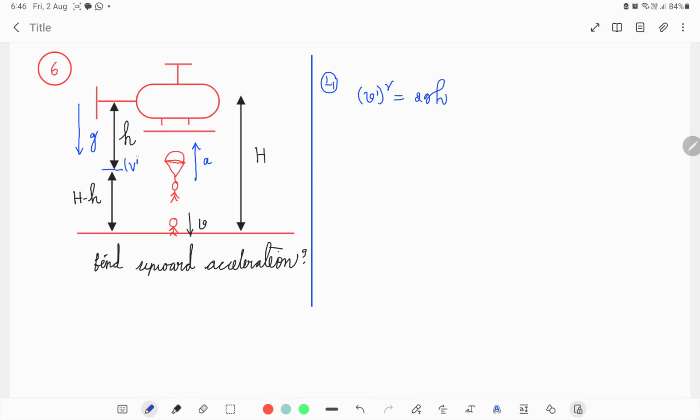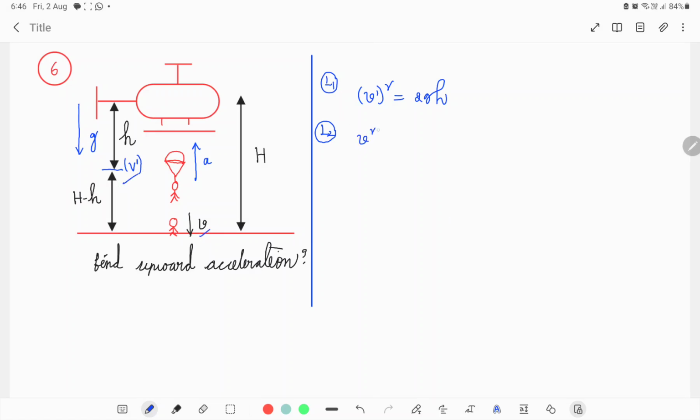Up to here he falls like a freely falling body, so here the velocity v dash square is equal to 2 g h. After you open the parachute, he falls with acceleration a and reaches the ground with velocity v. So v is the final velocity and v dash is the initial velocity.